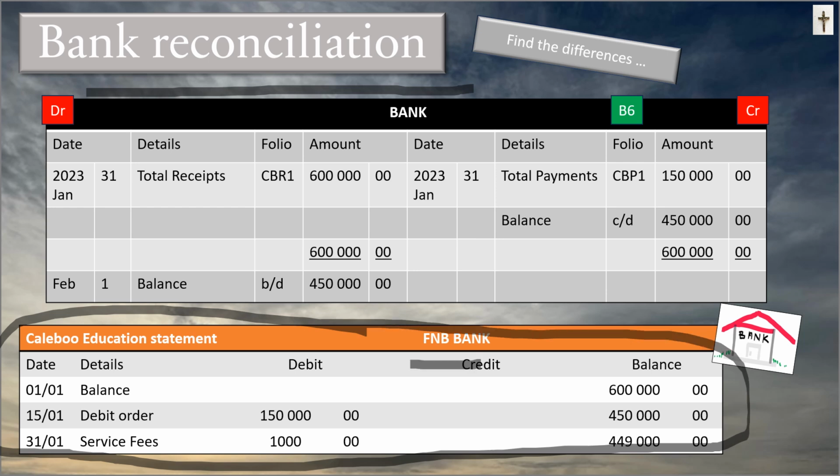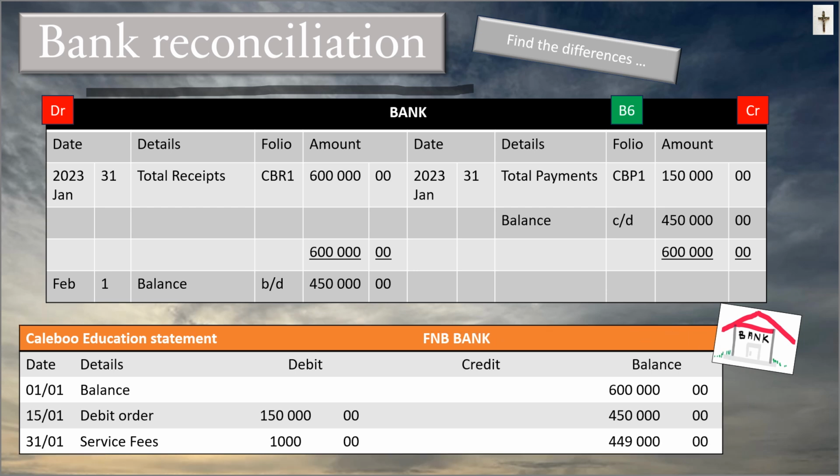In this case, it's FNB, Caribou Education banks with FNB. And you will notice that according to the bank, FNB, we have 449,000 Rand in our bank account. But if we have a look at our bank account in our books, there's a balance of 450,000.